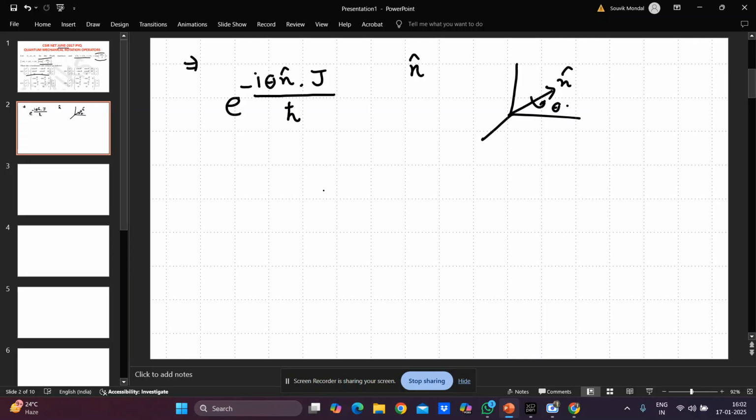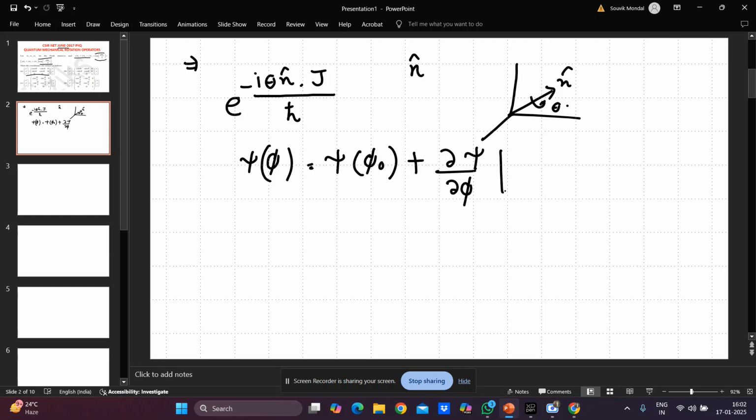Suppose you are expanding psi of phi about phi equal to phi zero, a Taylor series expansion, with the derivative del psi by del phi about phi equal to phi zero. Phi is some angle.